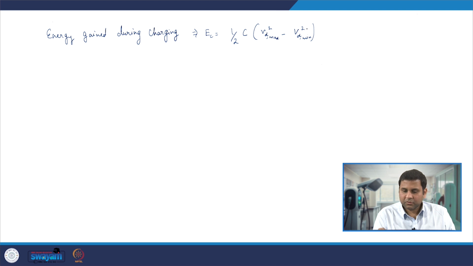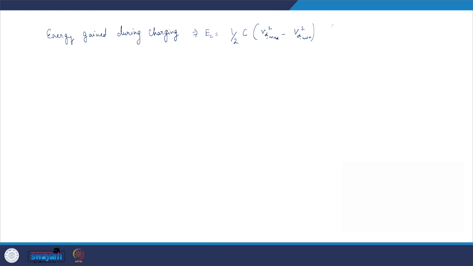Half C VD min square is the energy before the charging and half C VD max square is the energy after charging. So, this is the energy gained during the charging.